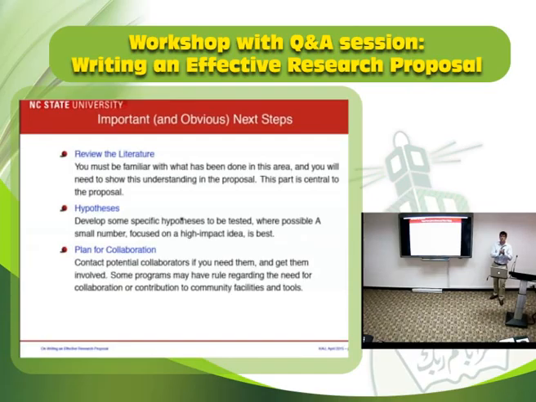Now, many proposals require collaboration, okay? In fact, in most US agencies, single PI, where PI stands for principal investigator, so single investigator proposals are only funded up to $500,000, okay? If you want to get substantial funding above that, you have to develop collaborative proposals with colleagues from other departments and generally from other universities, okay?